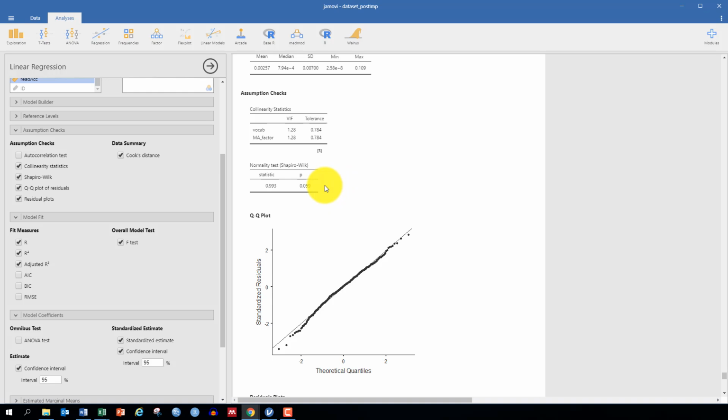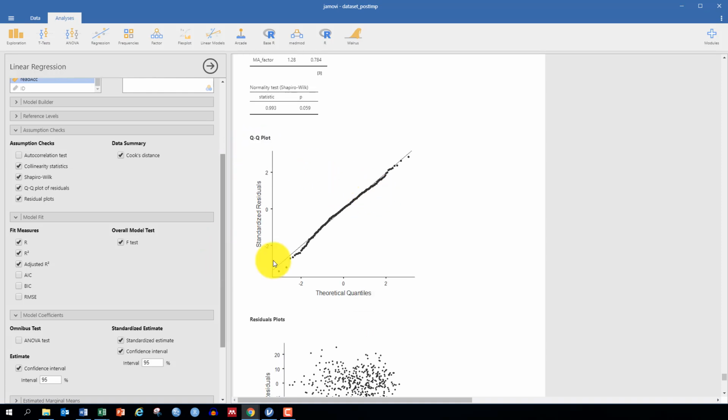So in large enough samples, the statistic will always be significant. So it's best practice to look at the QQ plot. We can see that the residuals quite closely follow the normal line, except for a little bit at the bottom. But taken together, we'll say that our residuals are normally distributed.